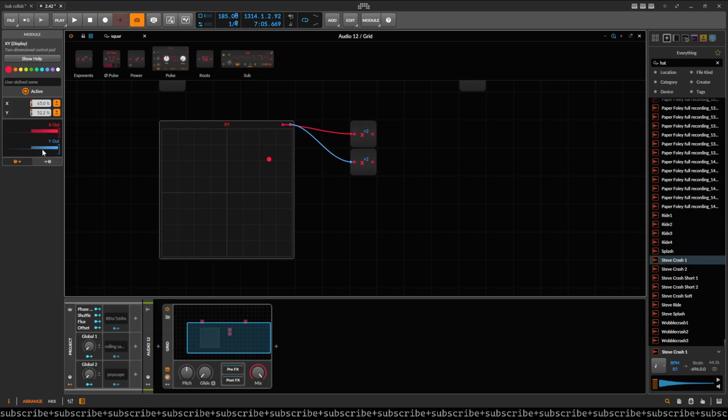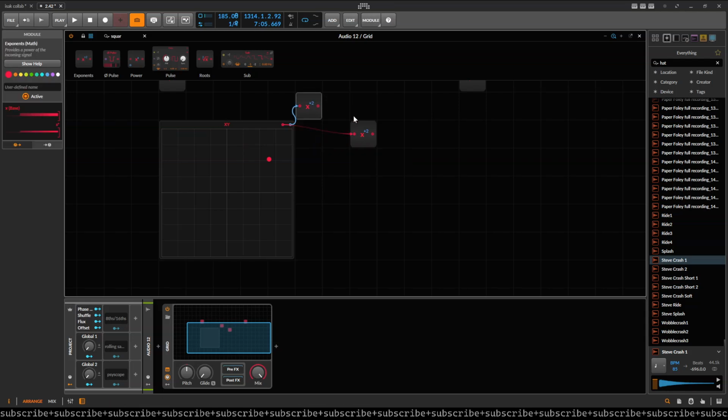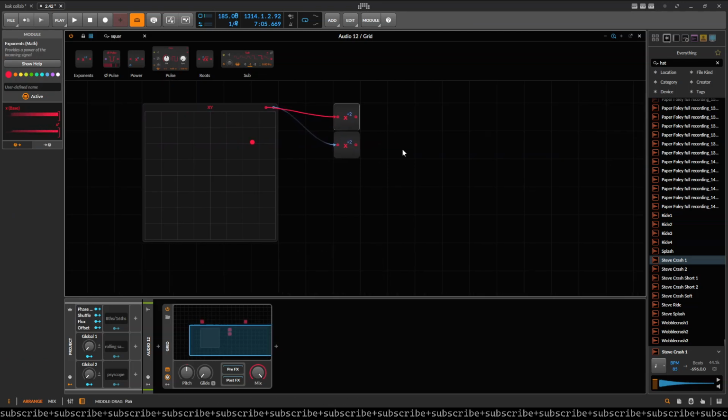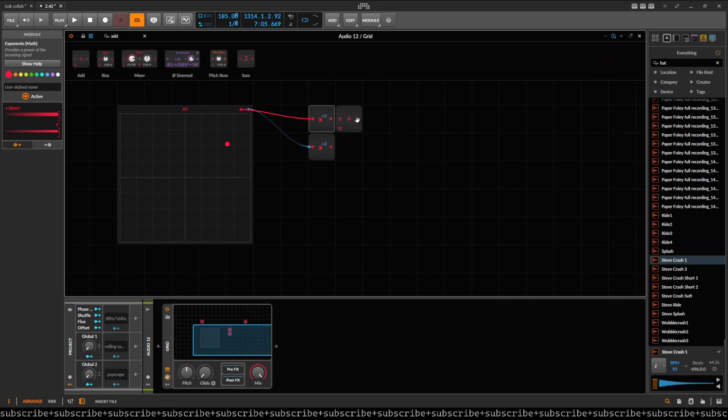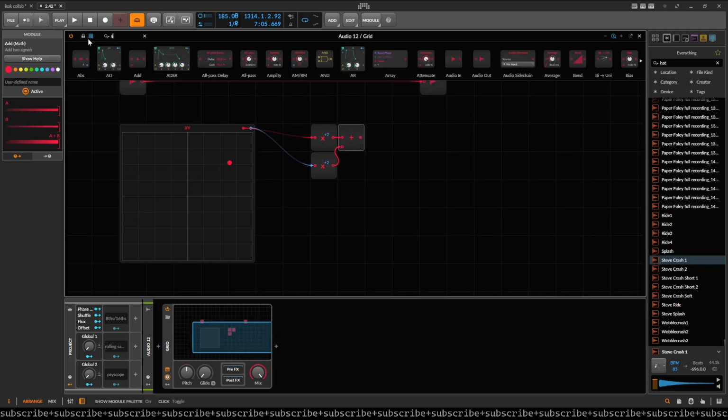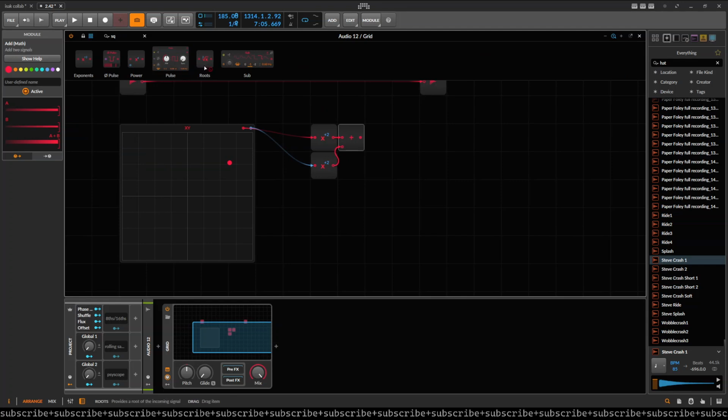I think blue is our y and red is our x. Then you can see we can add these together. And because we want c and not c squared, we need to take the square root of them.